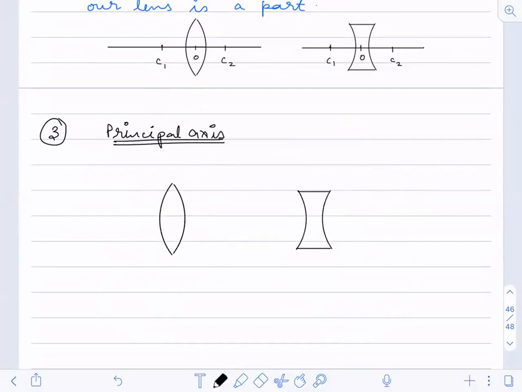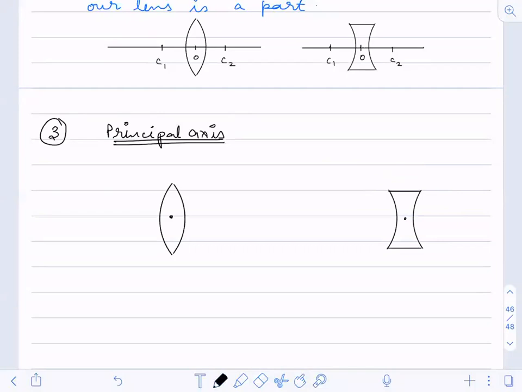Okay, so first let us understand where the optical center is. So the optical center is this. Now where was our center of curvature? Just now we have seen that for a lens we will be having two centers of curvature.